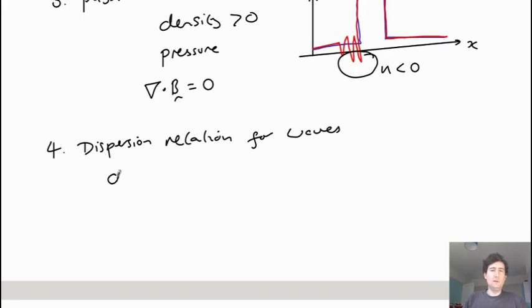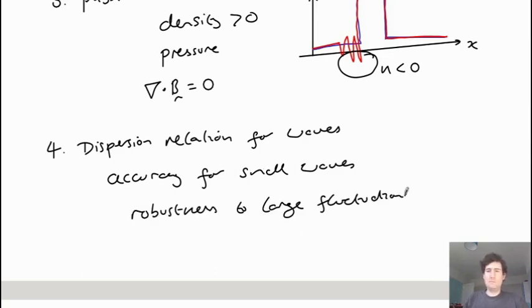So here, if you want accuracy for small waves, there's a trade-off between accuracy for small waves and robustness with large fluctuations.